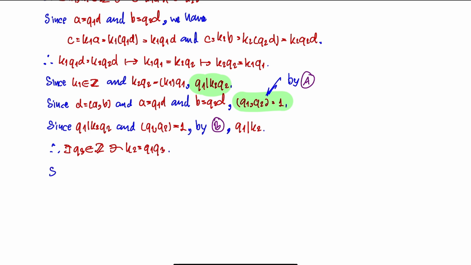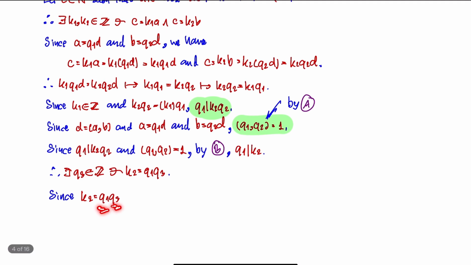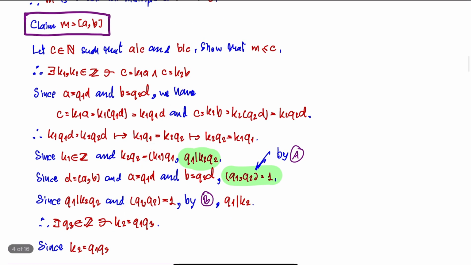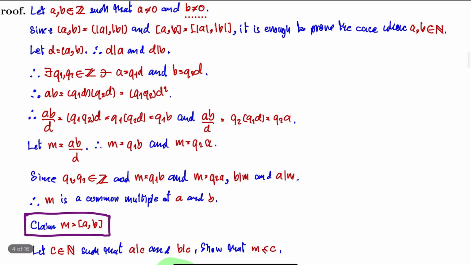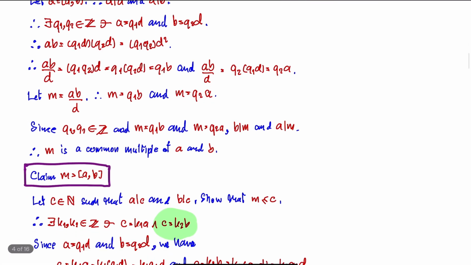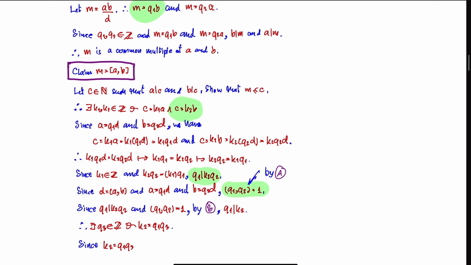Okay. Now, since we have k2 equals Q1 Q3, I want to use this C, which is k2 times B, because I want to show that M is less than or equal to C. Okay, let's use this reason.